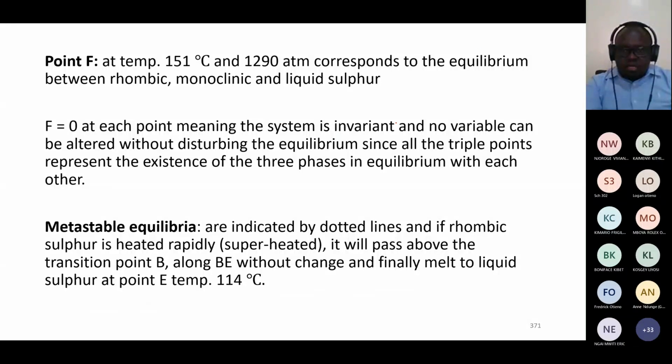So this corresponds to the equilibrium between rhombic, monoclinic, and liquid sulfur.